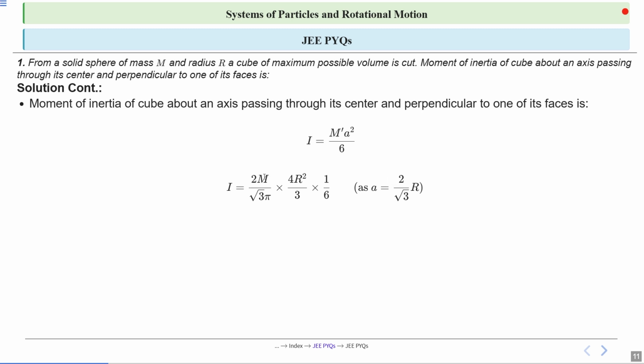It will be 2m divided by root 3 pi into 4r square divided by 3 into 1 by 6. We also know the value of m prime, so just put it here, and you will get I equal to 4mr square divided by 9 root 3 pi.